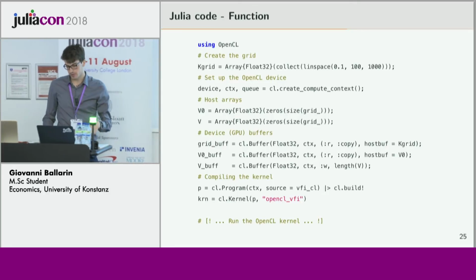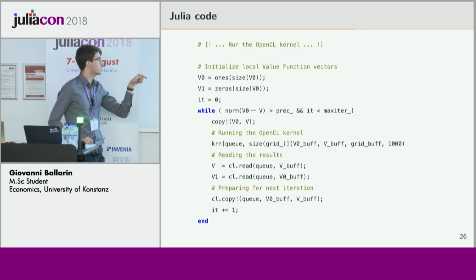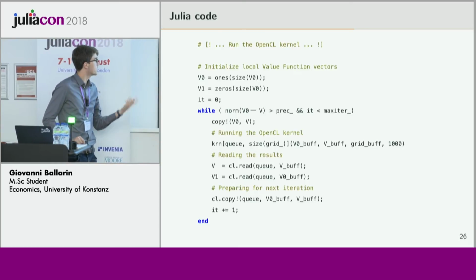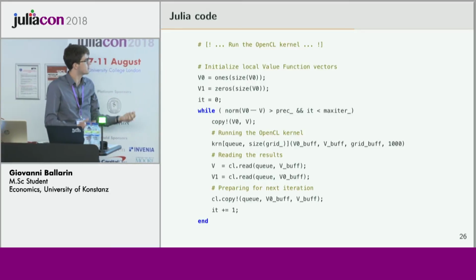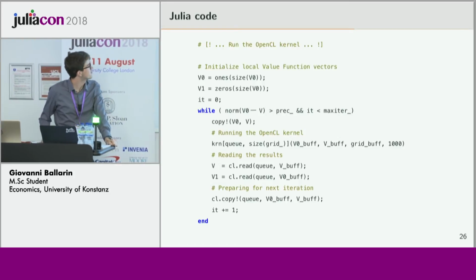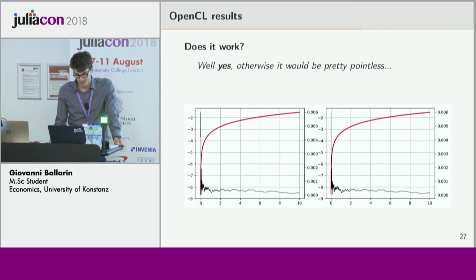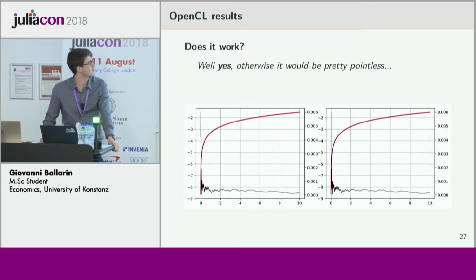We have to compile the program. And then in the while loop, we have to push it into the queue, read the results, compare them, and then keep doing this. I mean, it works, but it took me a lot of tries to get this working right. Does it work? Well, we're here, so it does, I guess.